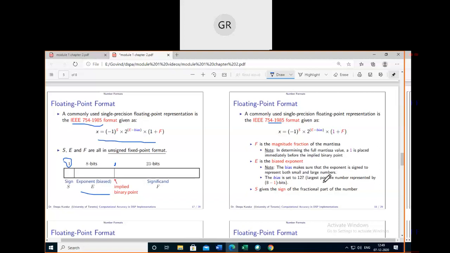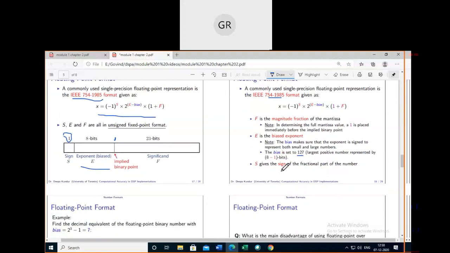Here the largest positive number is represented by 8 minus 1 bits, that means 2 raised to 7. 8 bits are reserved for the exponent, that's why 8 minus 1 is 7, 2 raised to 7, that means the bias is set to 127. Then s gives the sign of the fractional part of the number. If it is 1, it's negative. If it is 0, it's positive.